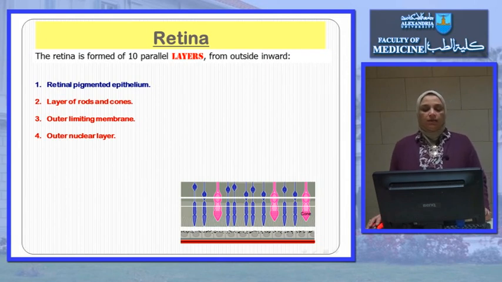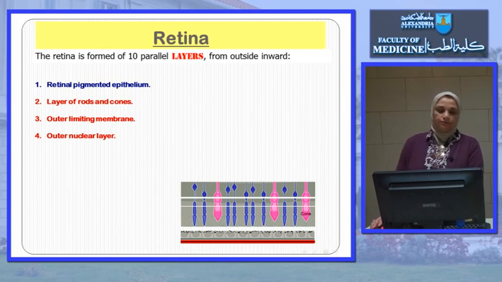The nuclei and cell bodies of the rods and cones are present in this layer. You can find that the nuclei of the cones are larger, fainter, and present in one line at the level of the outer limiting membrane, while the nuclei of the rods are at different levels, much smaller and darker.